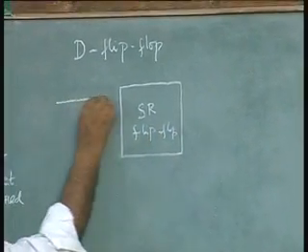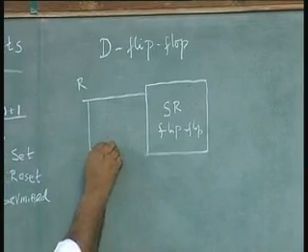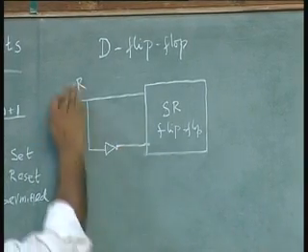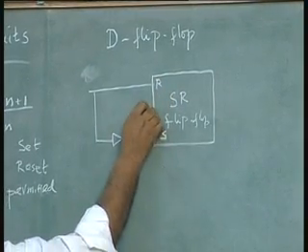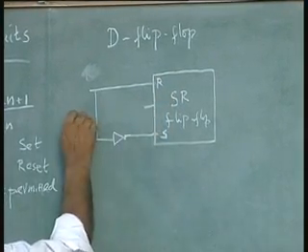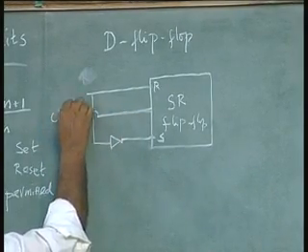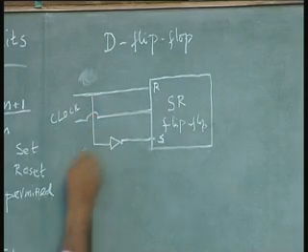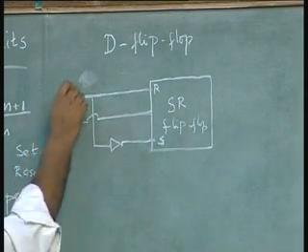with R and S inverters of each other. So, this input is called a D input.